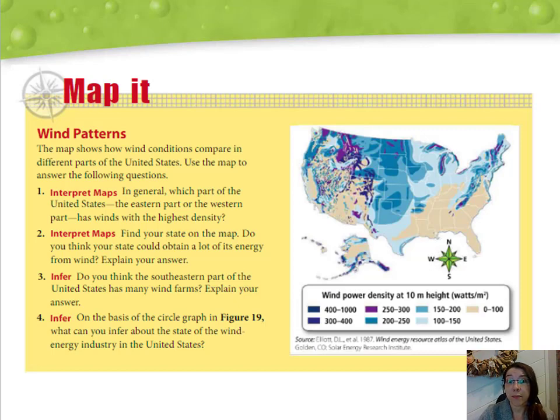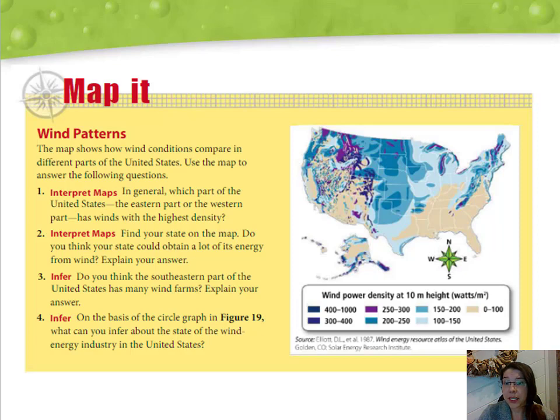So let's take a look at this map of wind patterns. The map shows how wind conditions compare in different parts of the United States. And we looked yesterday at a map that showed us solar radiation, right? But this one is looking at wind patterns. So over on the right, we see wind power density at 10 meters height, and this is measured in watts per meter.